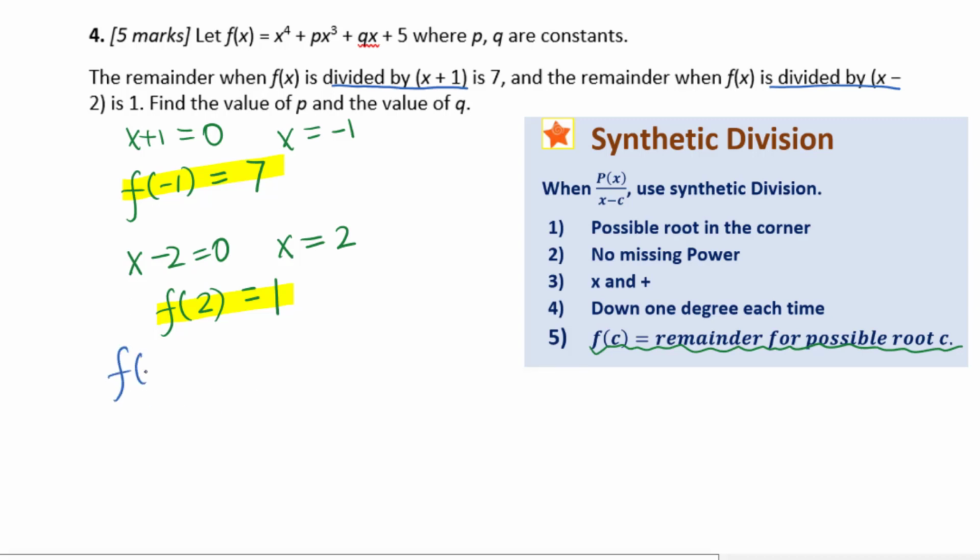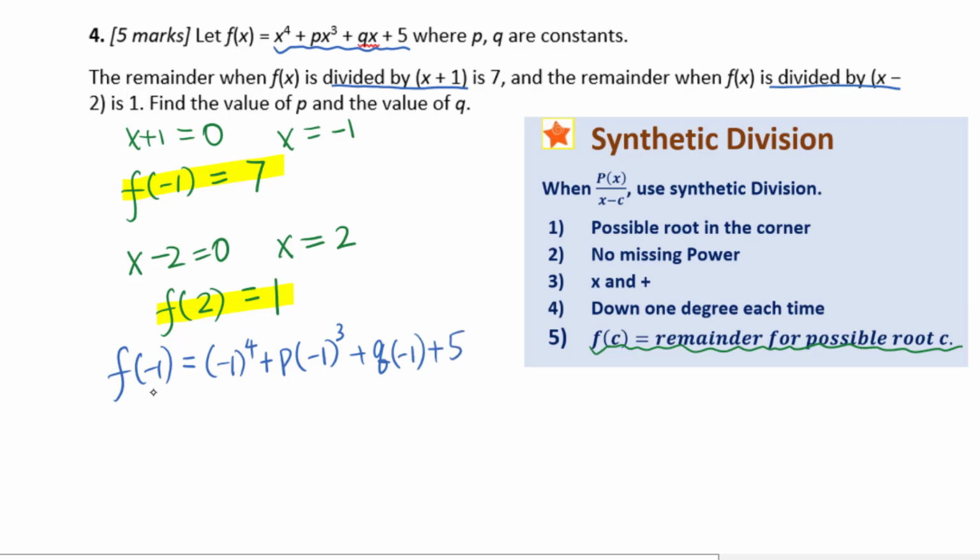For f of negative 1, we plug negative 1 into this function. You will get negative 1 to the fourth power plus p times negative 1 to the third power plus q times negative 1 plus 5.